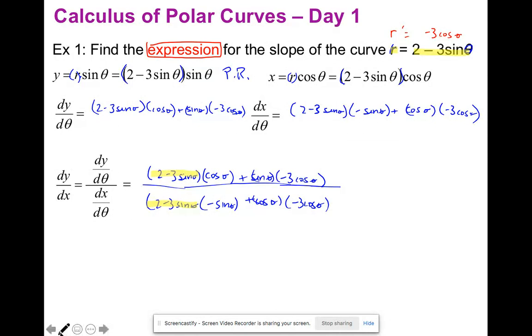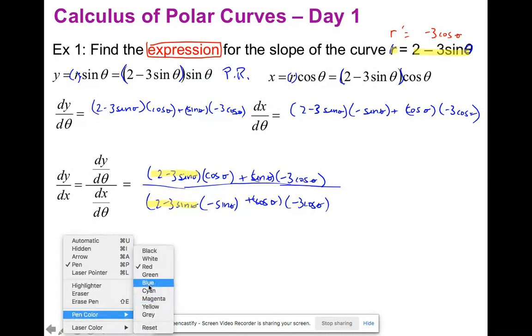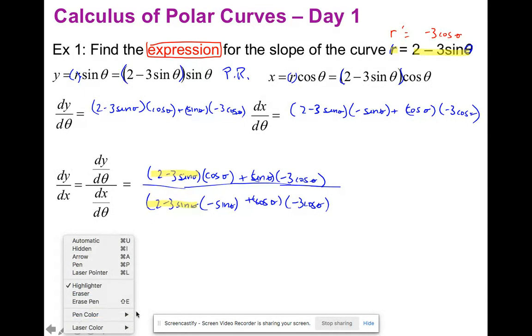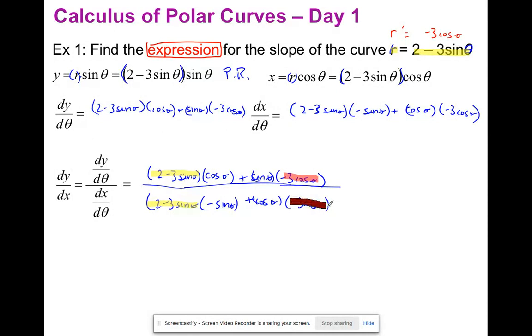Do you see that? That's in both the numerator and the denominator. Both r and r prime are there, and both are just multiplied by sines and cosines, or a negative sign.